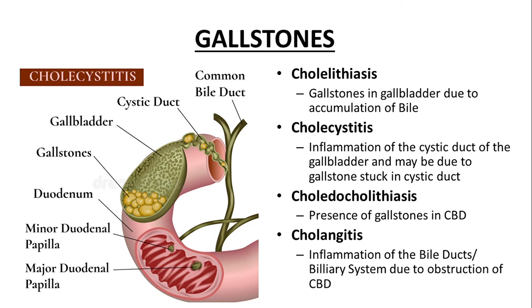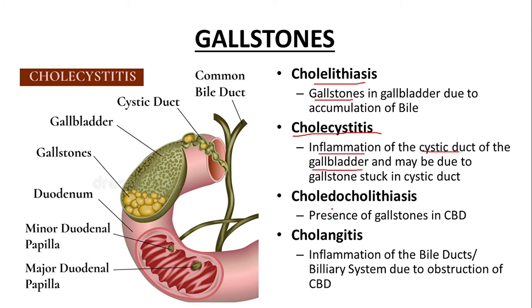So next, we have gallstones. So gallstones, iyang medical term is cholelithiasis. Cholelithiasis means gallstone formation. So usually due to accumulation of bile. Then you have your cholecystitis, which is inflammation of the cystic duct of your gallbladder.